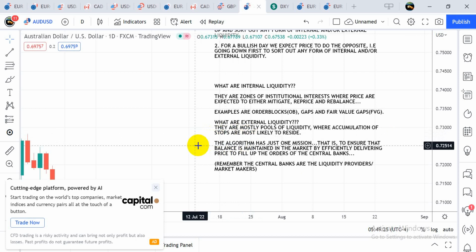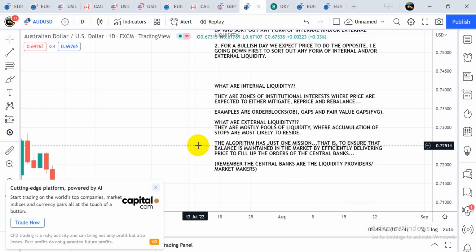Guys, so that you would not always think that the algorithm is trying to hunt you or fight against you: the algorithm only has one mission, and that is to ensure that there is balance in the market. It does this by efficiently delivering price to fill up the orders of central banks.